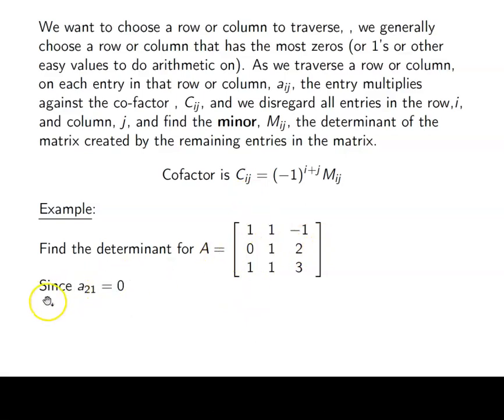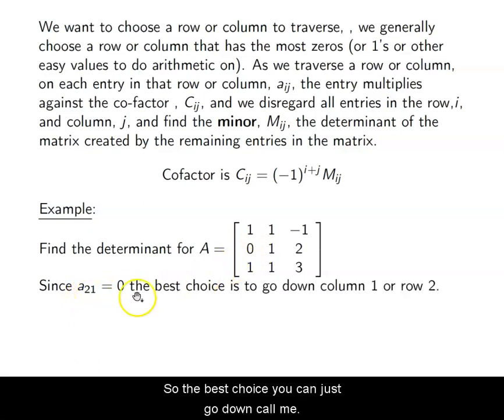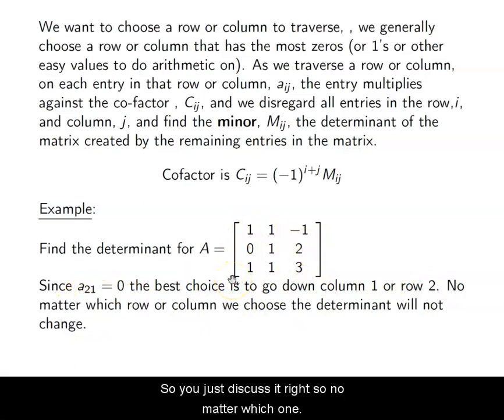Okay, so notice that the entry A21, so second row, first column, is 0. Okay, so the best choice again is to go down column 1, or row 2, right? Remember, row, column. Okay, so we just discussed this, right?